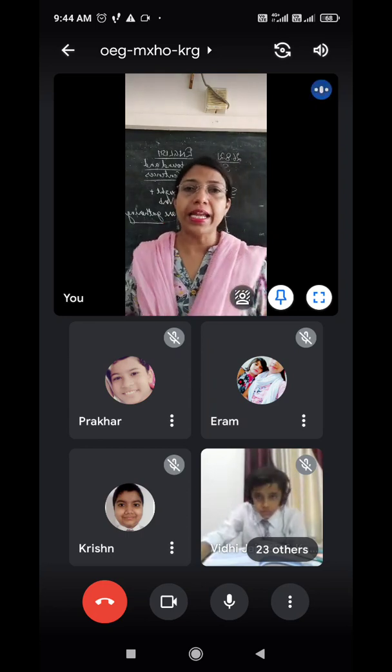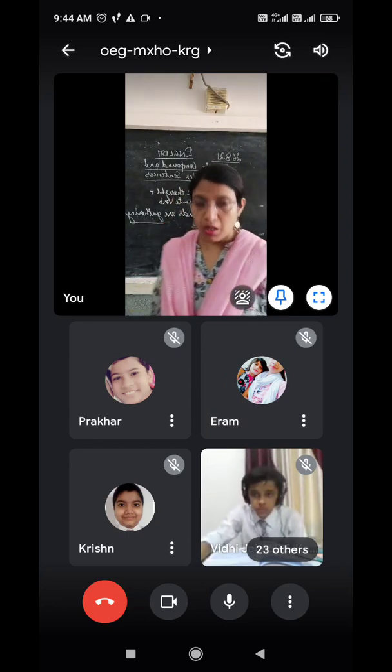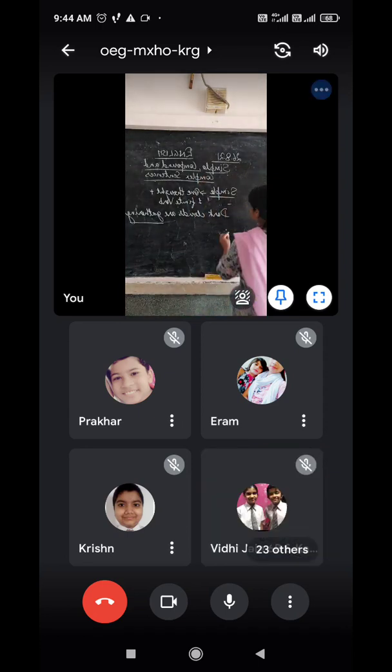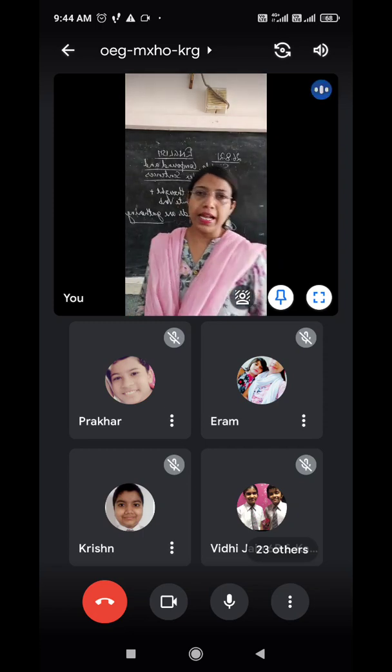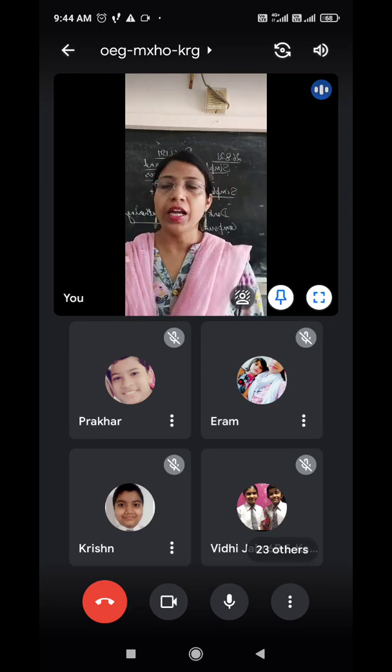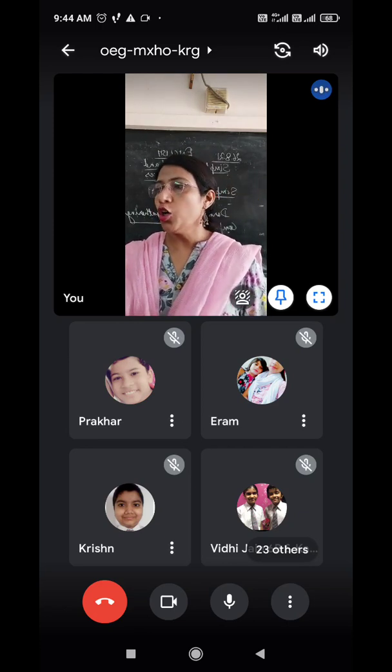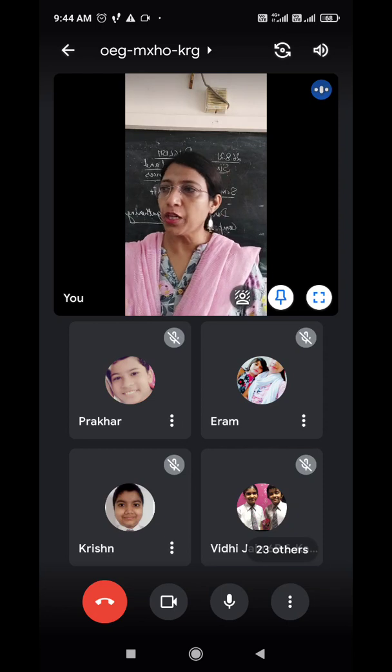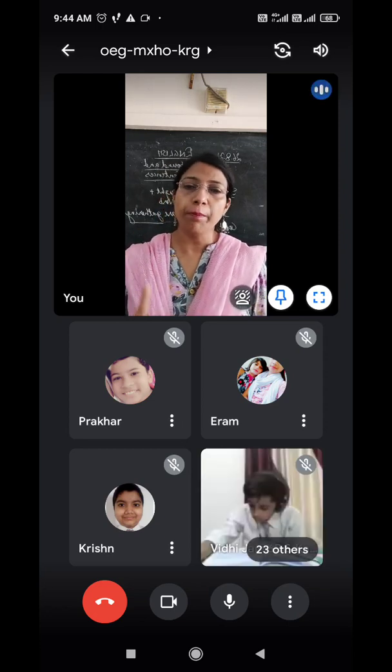Alright, the second is compound. Compound sentences. Now what are compound sentences? A sentence which is formed by adding or joining two or more principal clauses, two or more main clauses.